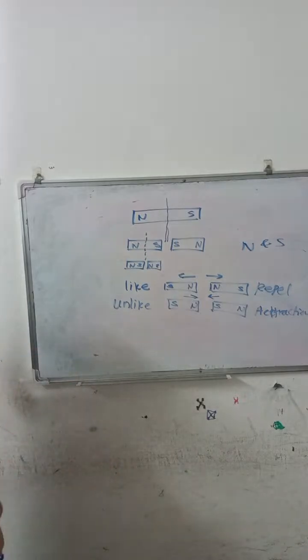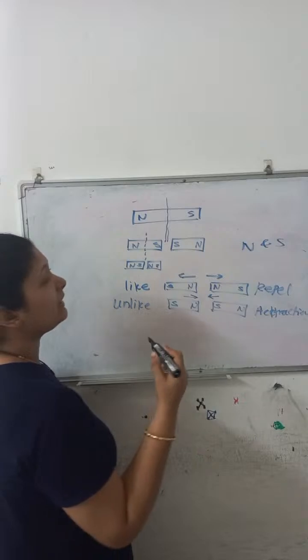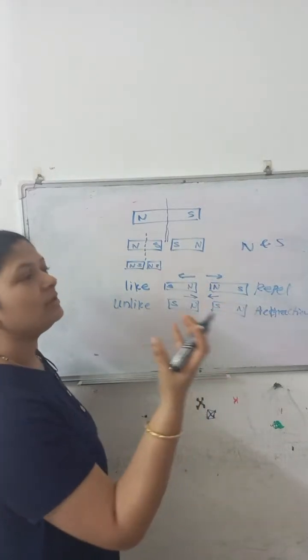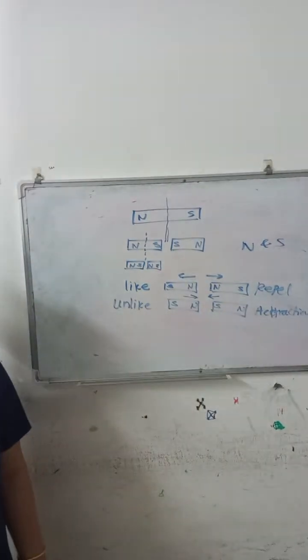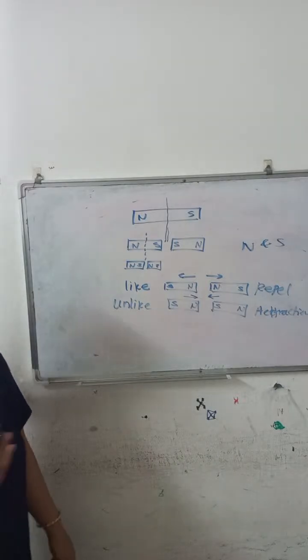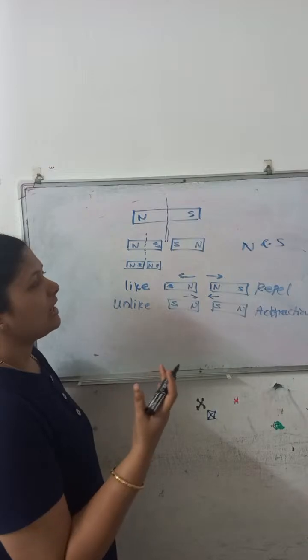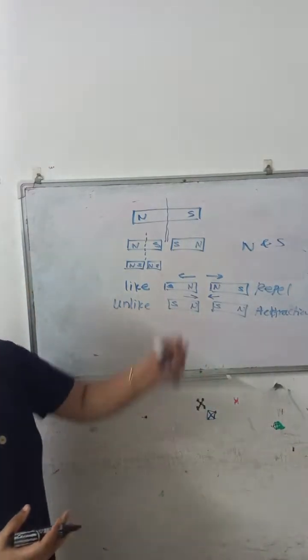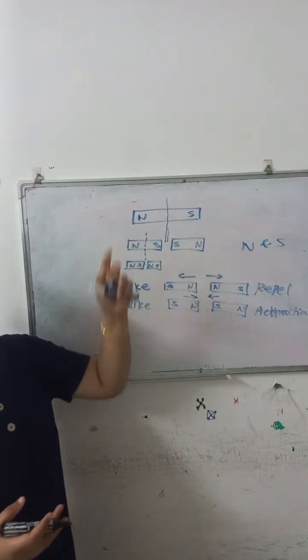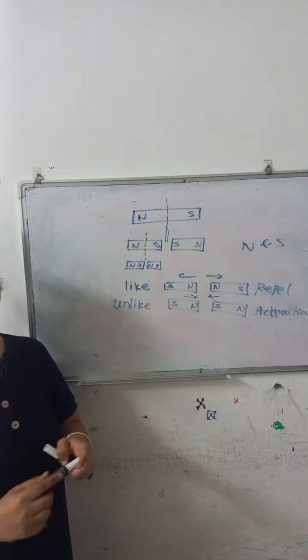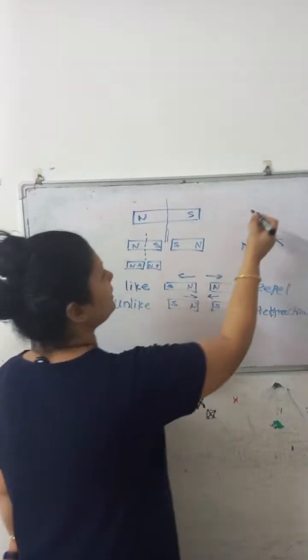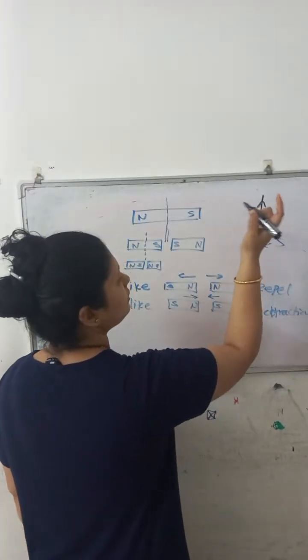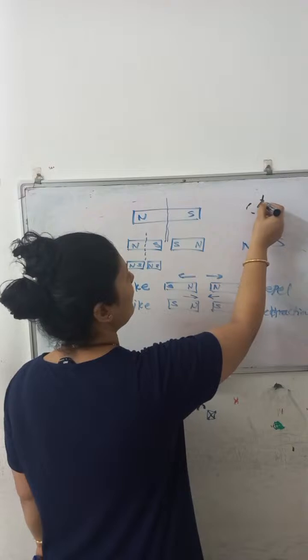Now, whenever current is flowing through a conductor and you bring a magnetic compass near it, the magnetic needle shows deflection. As it is brought nearer to the wire, it shows more deflection, and when you take it back, it shows less deflection. That means whenever there is current in a conductor, a magnetic field is generated.